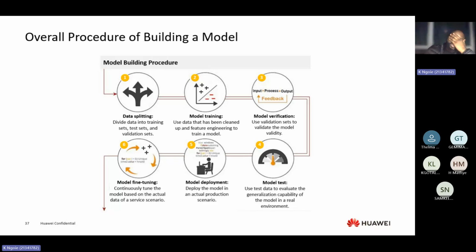All right, so yesterday the last thing we were talking about was the different procedures when it comes to building a model. Is there any question? Anyone didn't understand this part? Would you like us to clarify anything?